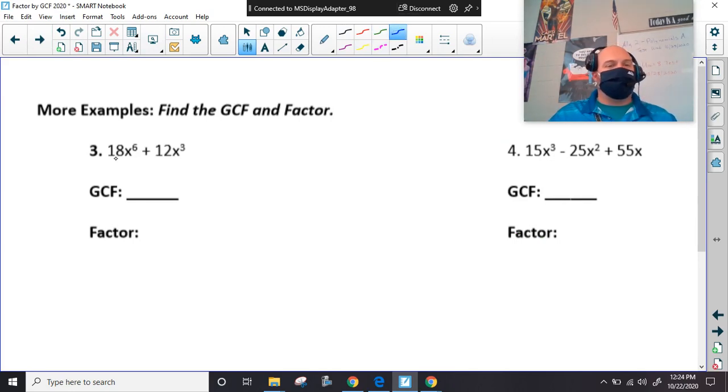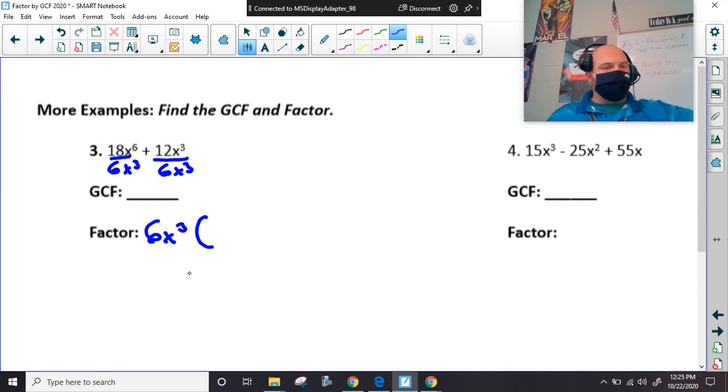So right here, what's the biggest number that we can take out of 18 and 12? 6. All right. So I'm going to go ahead and write it on the outside. And I've already heard of x cubed because that's the smallest power of x.